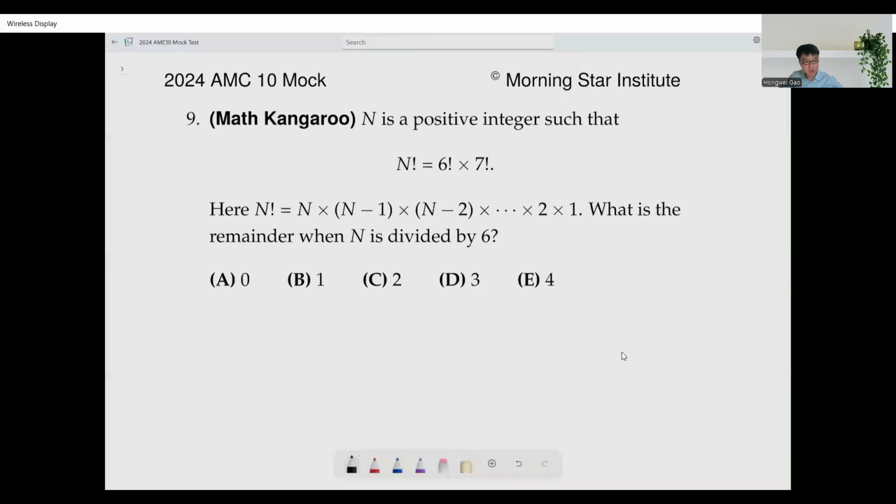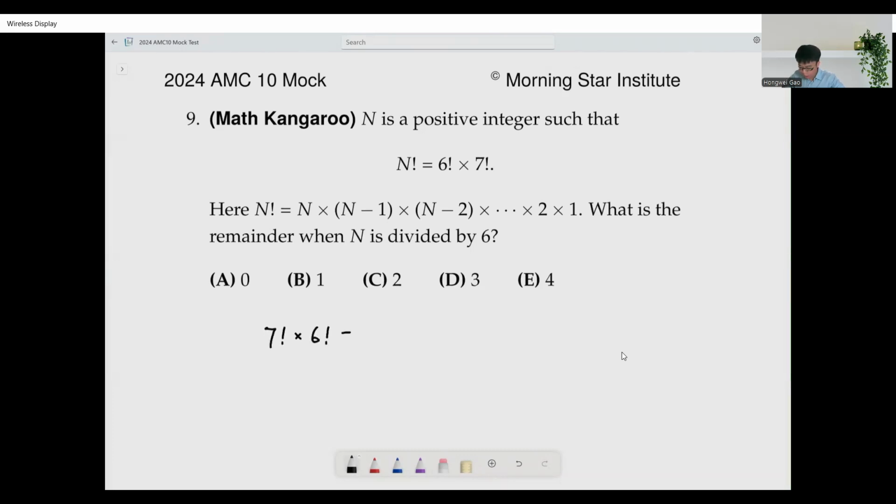Let's do question 9. N is a positive integer such that n factorial equals 6 factorial times 7 factorial. What's the remainder when n is divided by 6? Now let's rewrite this product. It's 7 factorial times 6 factorial.